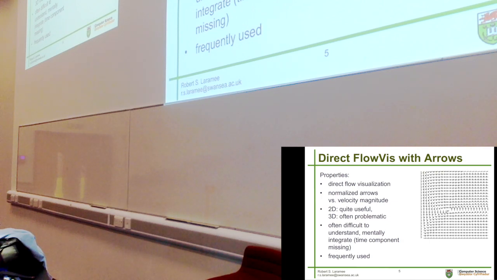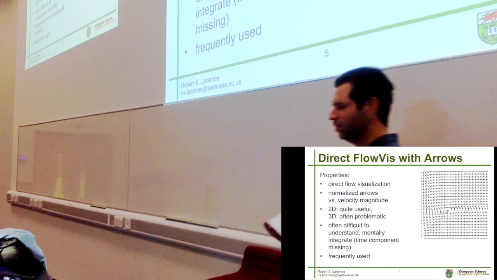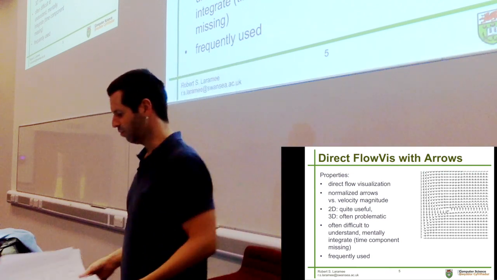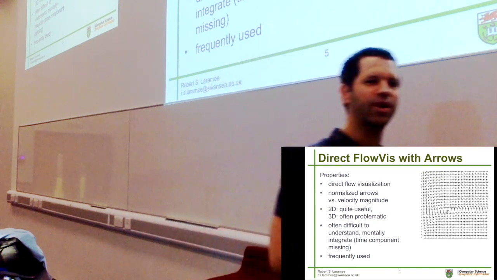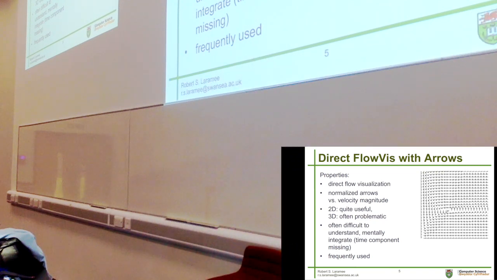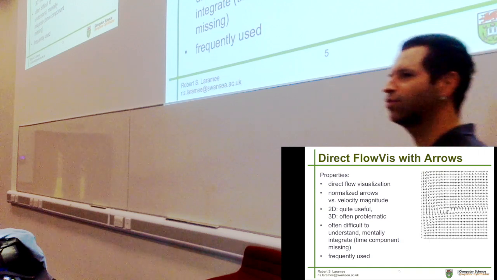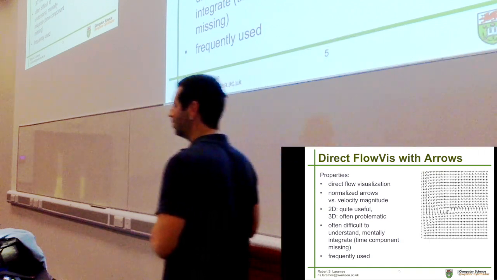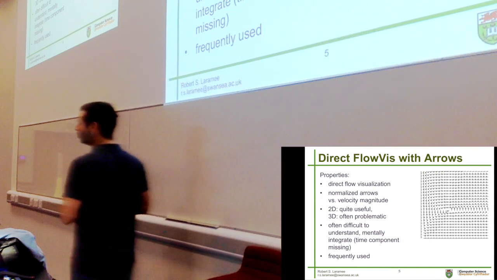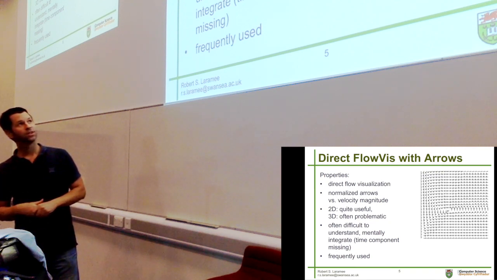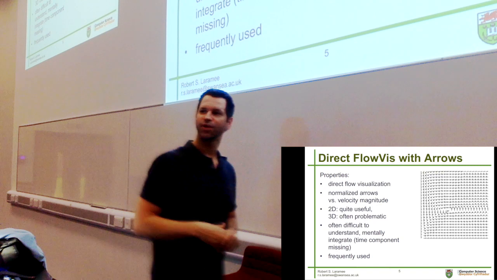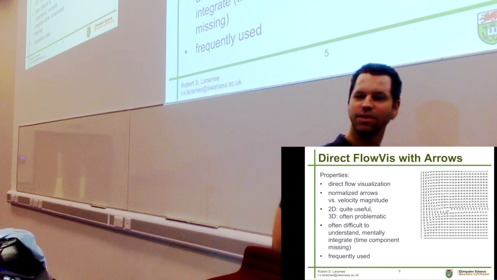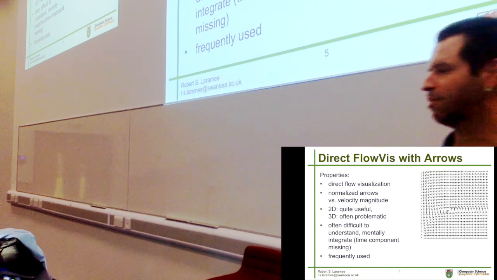Where does the flow go? You're trying to work that out in your mind with this picture. In other words, you're trying to join up the arrows to create paths. That's really what you're trying to do when you see that image. You want to start joining up the arrows, like connect the dots. That's what you're trying to do in your mind.